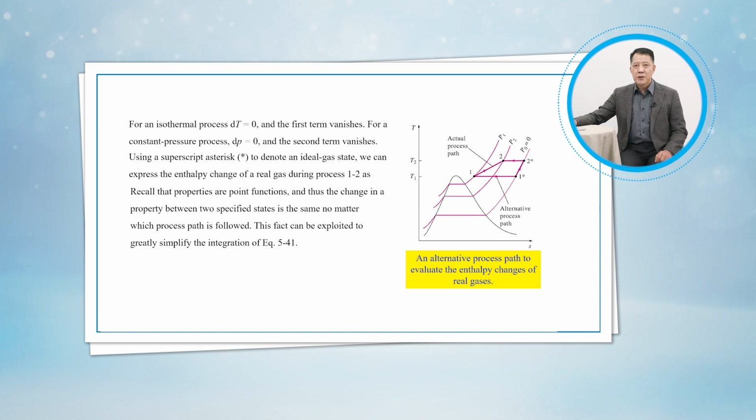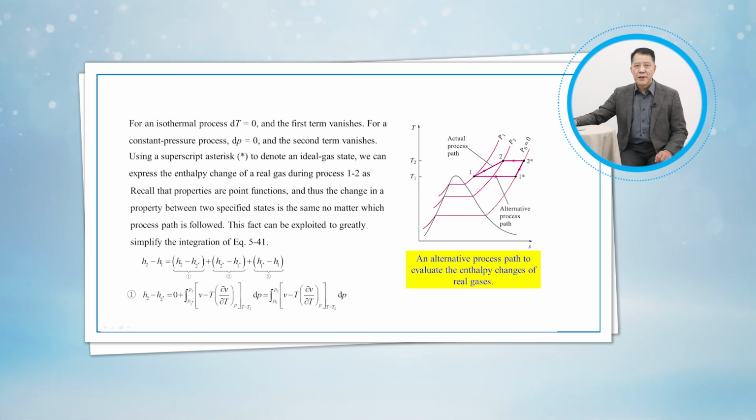Using a superscript asterisk to denote an ideal gas state, we can express the enthalpy change of a real gas during process 1 to 2 as 1 to 1 asterisk to 2 asterisk to 2, as shown in the right figure.